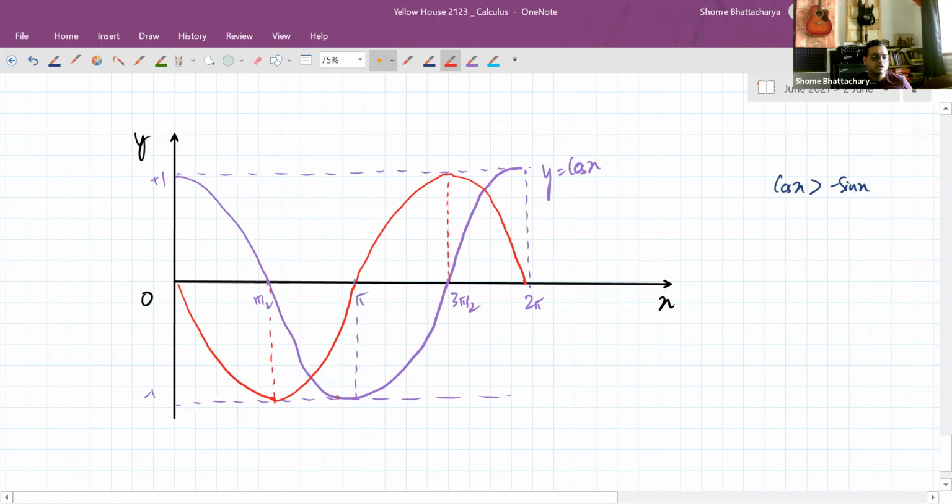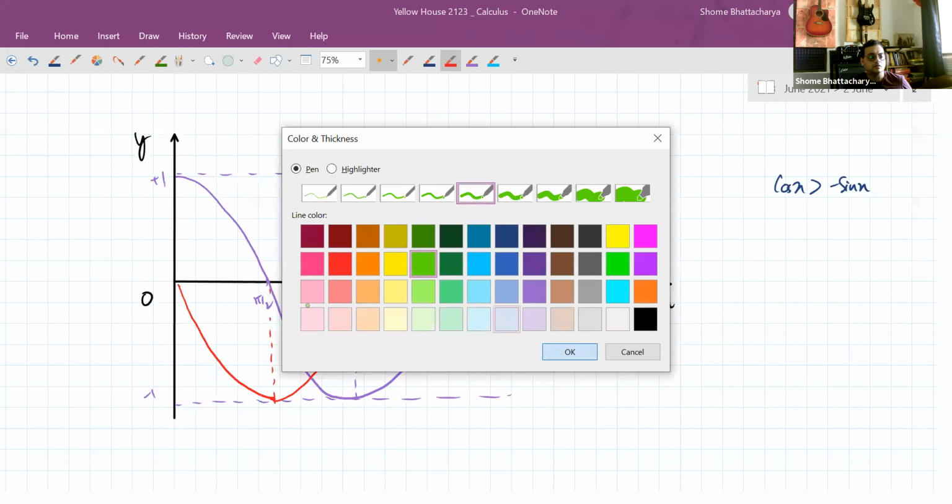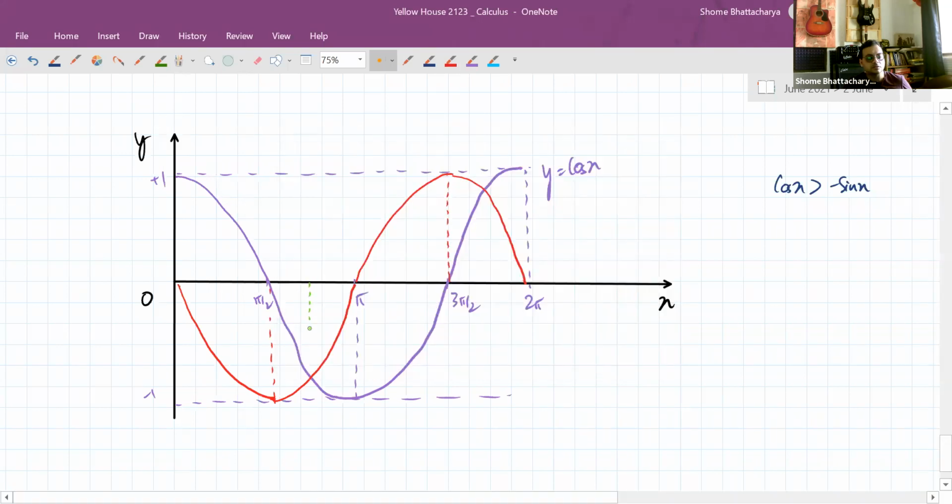So now, comparing the two graphs, you can see that whatever this value is here, in this region, what is happening? Cos x is greater than minus sin x.